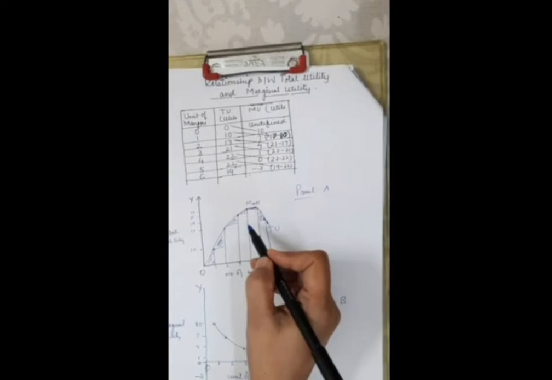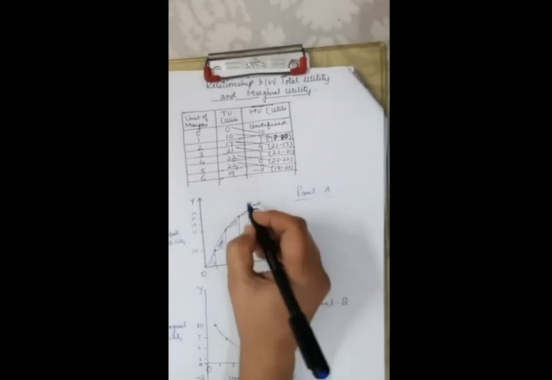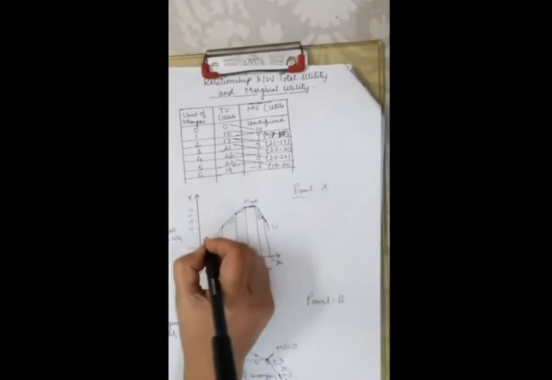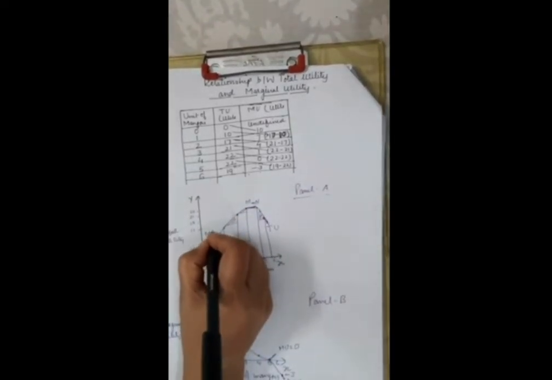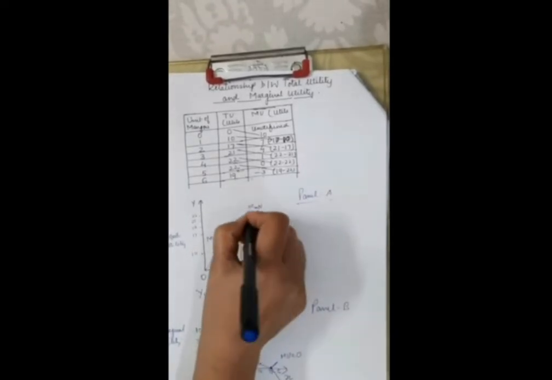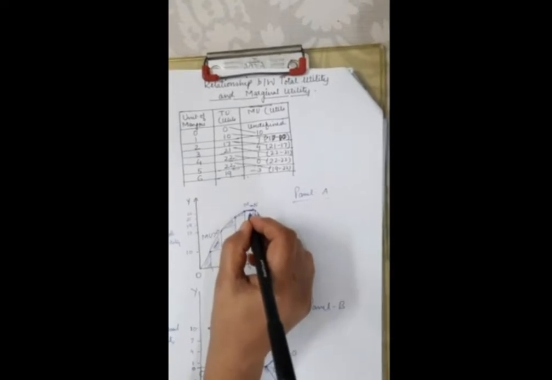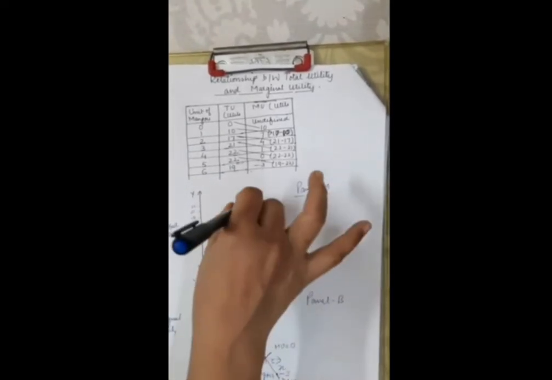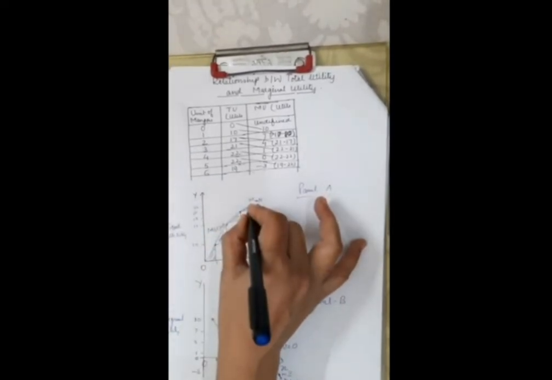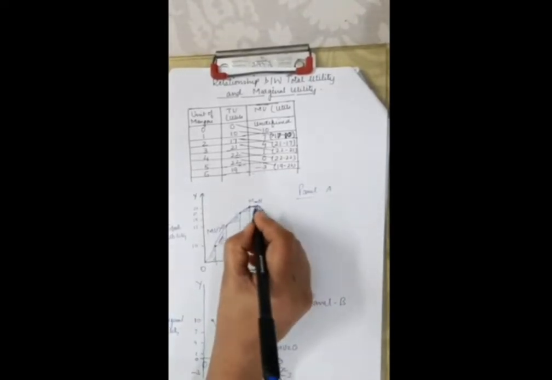Is that clear? Then the second relationship says that when total utility is maximum here, so here we can say that MU is greater than 0 in this range. Then when total utility is maximum, at the fourth unit, marginal utility is 0.